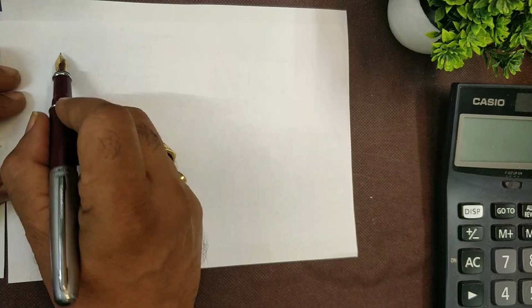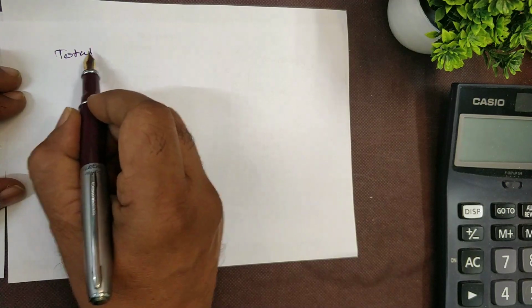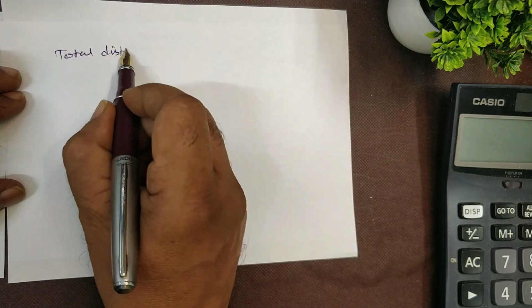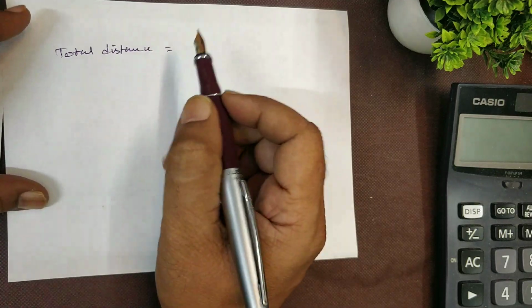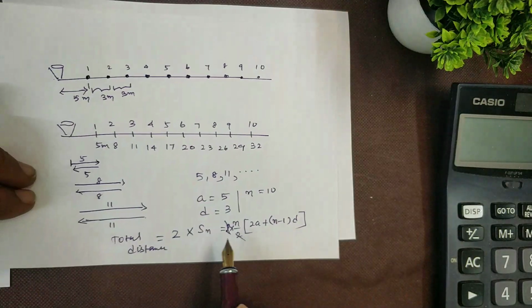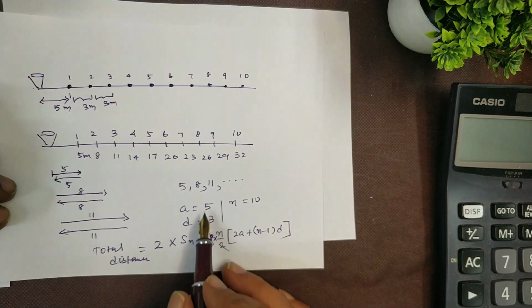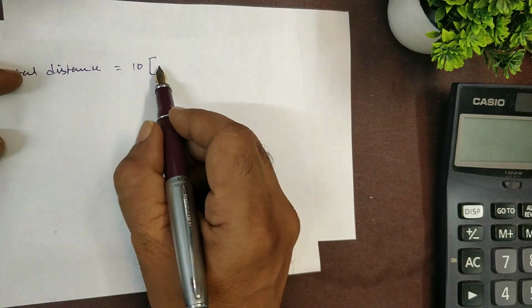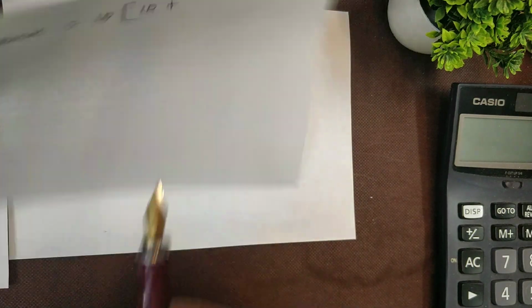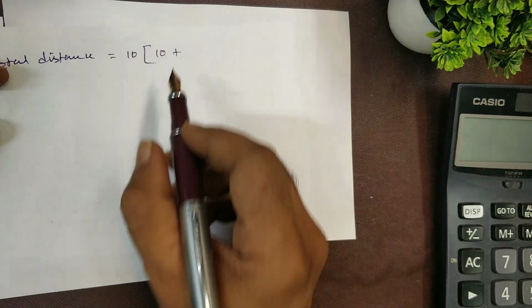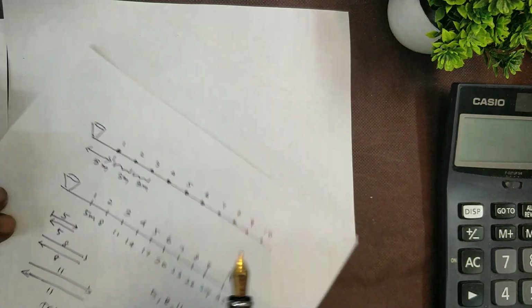Therefore the total distance is equal to, n is 10, so 10, open the bracket, 2a, 2 into 5, 10, plus n minus 1, 9, into common difference 3.